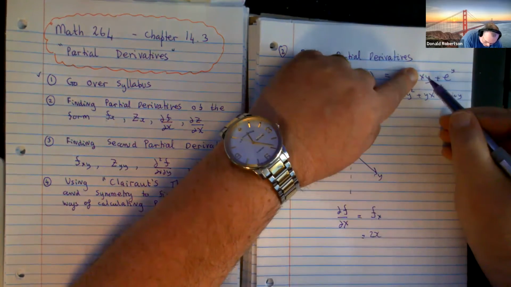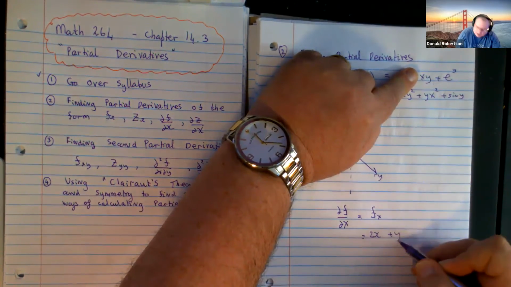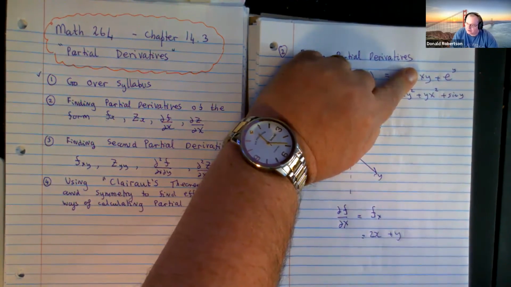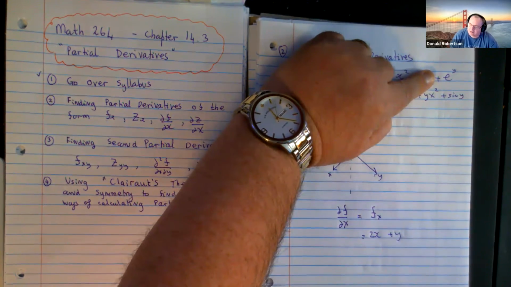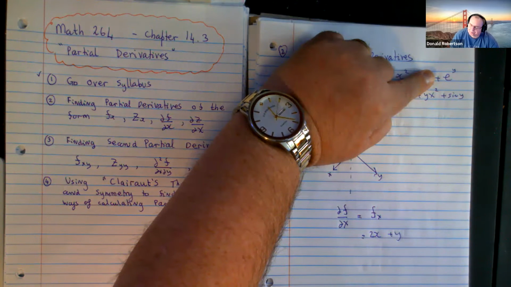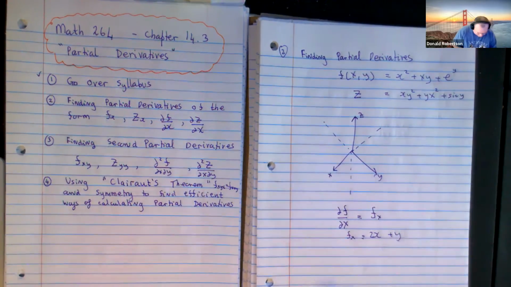If you differentiate xy, right, with respect to x, don't you get plus y? Isn't it like 5x gets you 5? And what would e to the power of y get you? What's the partial derivative with respect to x of e to the power of y? Nothing. Yeah, and we don't write nothing, right?